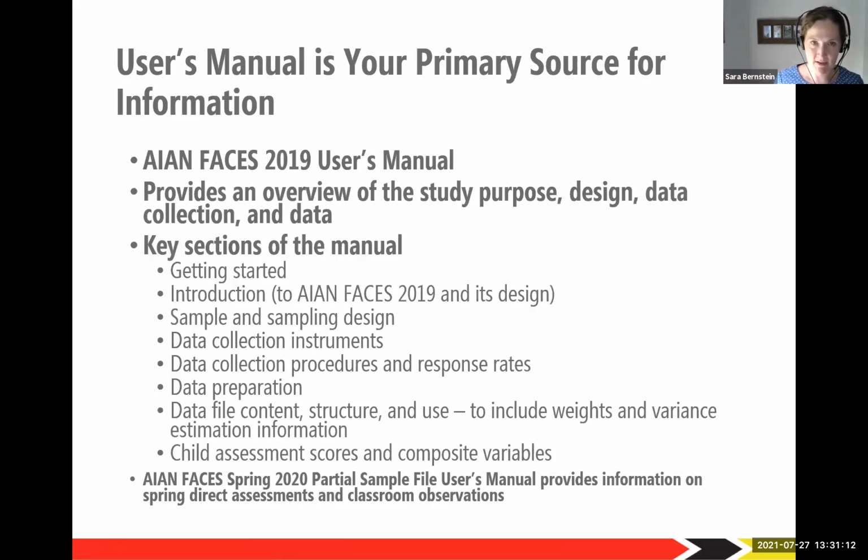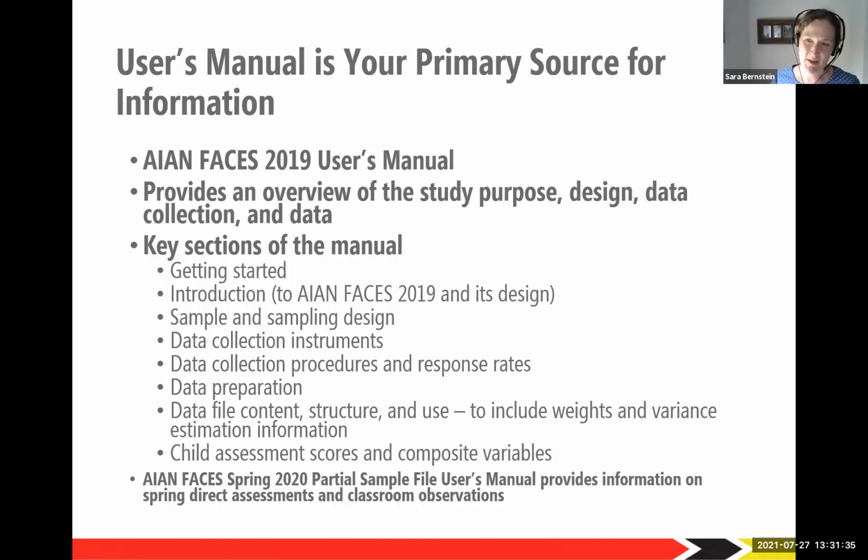I'm going to talk about a few resources, leading here with the user's manual, which is the primary resource for information about the study design and its execution. I've talked a lot about the data file, but in that manual we also talk about how we collected the data and how we trained our data collectors. There's just a lot of stuff in there.